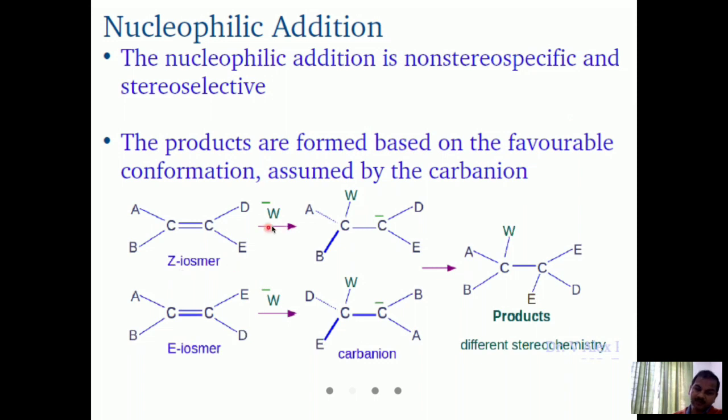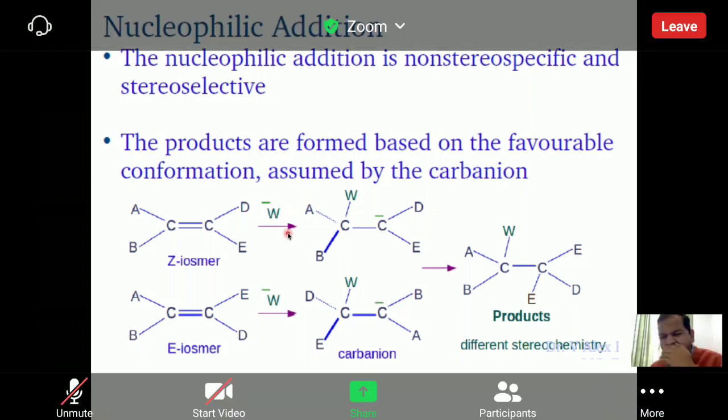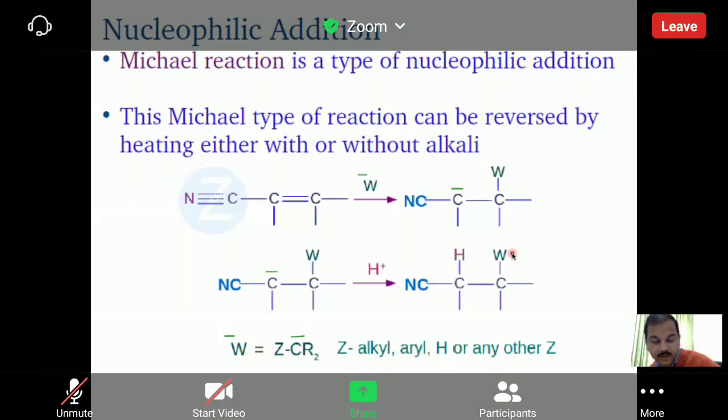Now the nucleophile will attack. Nucleophile attacking the Z isomer gives an intermediate, attacking from this side. But if it is attacking on this carbon, the E isomer and the same type of side, the carbanion will be like this.